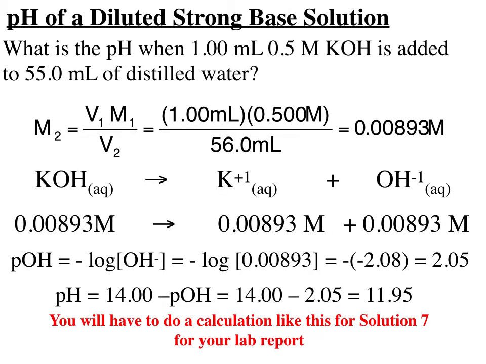On to our second type of calculation, which you're going to have to be able to do in today's lab. This is the case when we dilute a strong base and measure the pH of that diluted strong base. Now remember, a strong base, much like we had a discussion on the previous slide, strong means strong electrolyte.